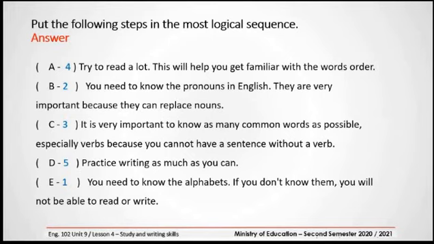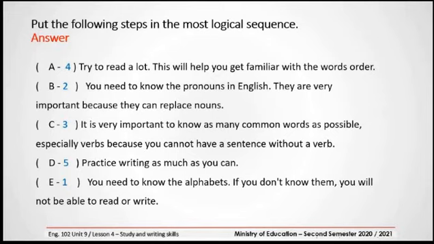This is very important, by the way. And after you know the most common words in English, then you can read, which is A. You try to read a lot. This will help you get familiar with the words order, how the words are put in order, how they are structured, and then you will expand, you will increase your vocabulary.